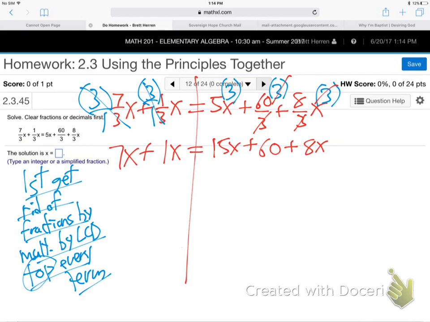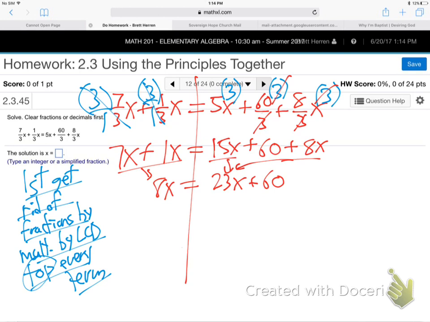So now combine the left side, 7x and x is 8x. The other side, 15x and 8x is 23x. We get to here. What do we do now with x's on opposite sides? So that was just like terms, x's on the same side. But now what do we do with x's on opposite sides? We do the opposite of somebody.